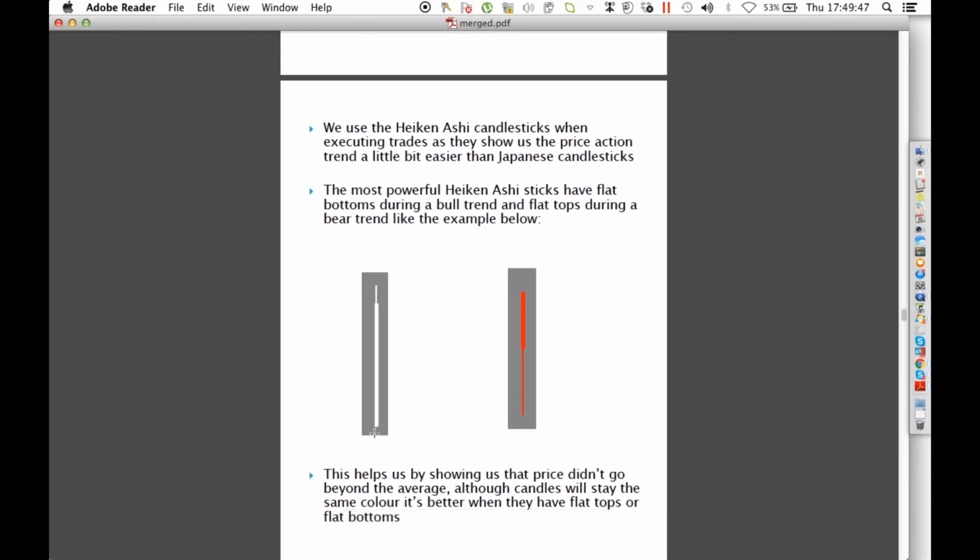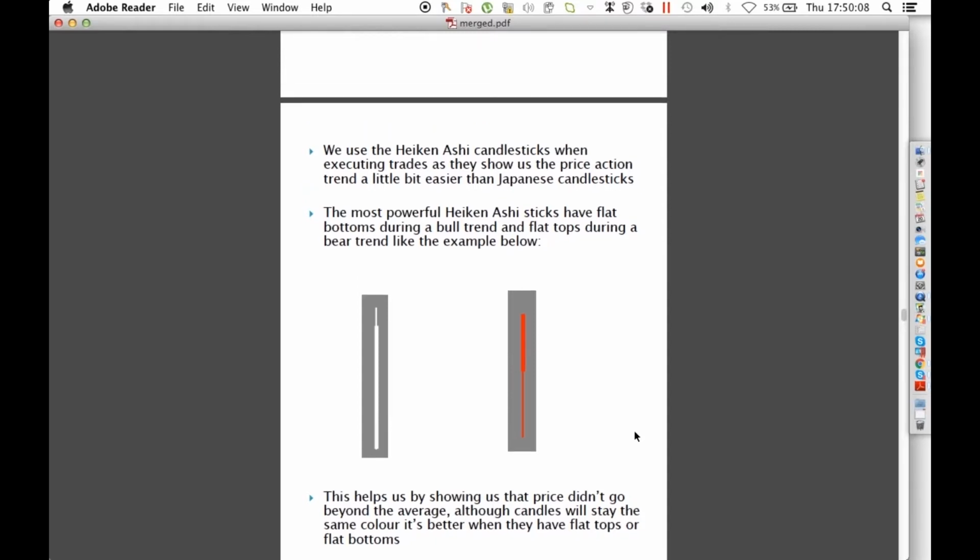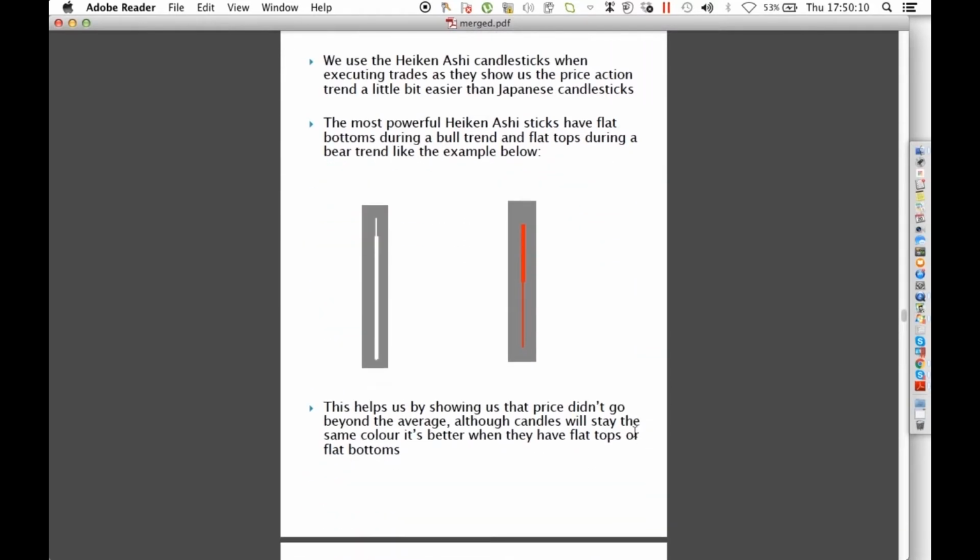So when we go up and you see a flat bottom, you know that it's a very strong buy. Or flat tops during a bear trend. So when you see a flat top like this, you know that it's a very strong indication that this market will continue selling.